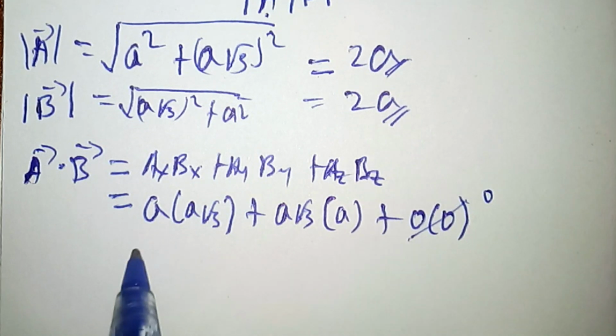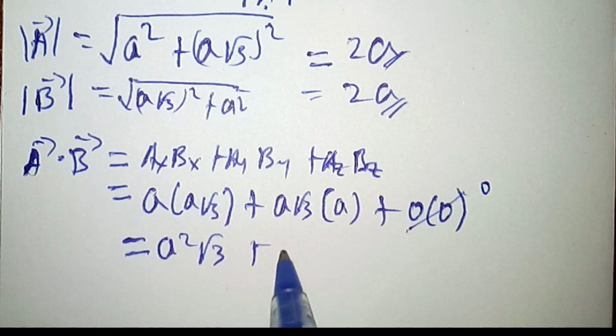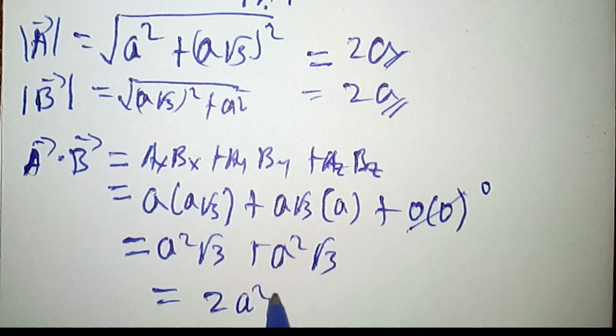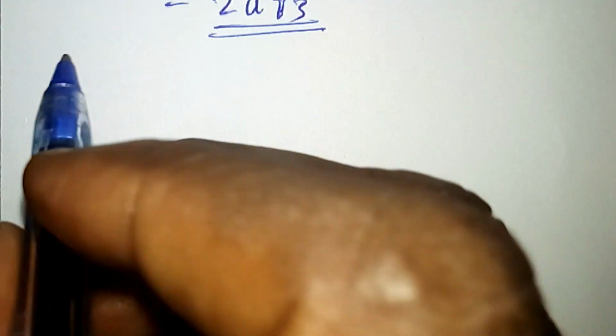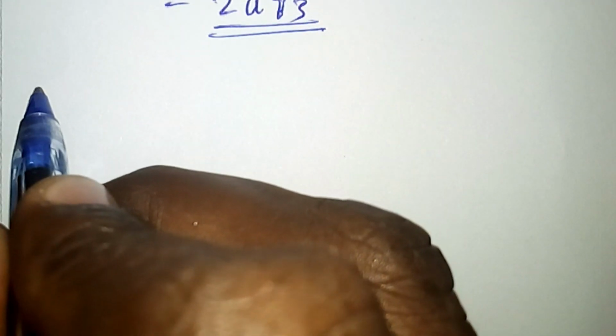This term is cancelled. A square under radical 3 plus a square under radical 3 gives us twice a square under radical 3. So then from this concept we have found both the magnitudes of the vectors and the scalar product of the vectors.